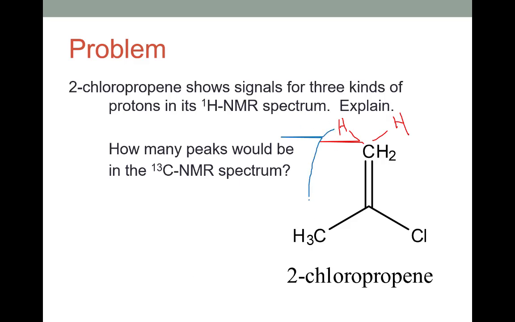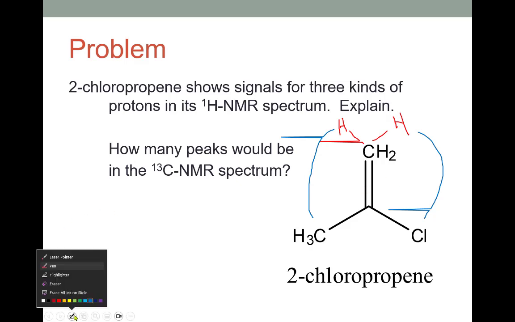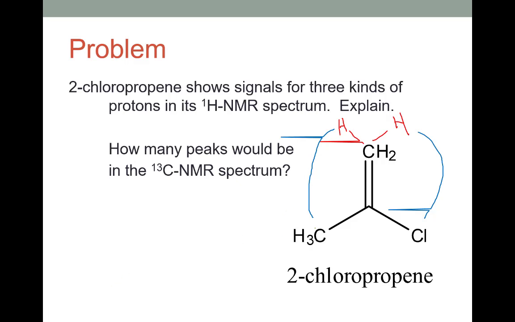I have this hydrogen that's kind of close to the CH3 group, and I have this other hydrogen that's kind of close to the Cl group. They're in slightly different environments, locked into place by this double bond. So on paper, if I were to analyze this molecule, I would say I have 1, 2, 3 different types of protons. I would expect to see 3 different signals.